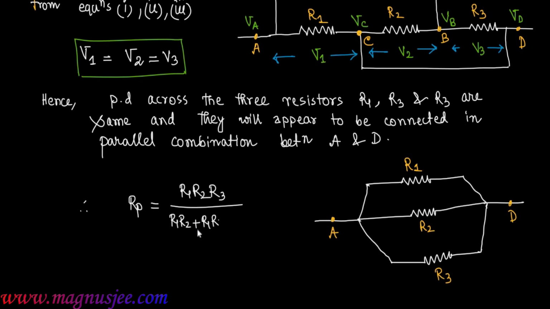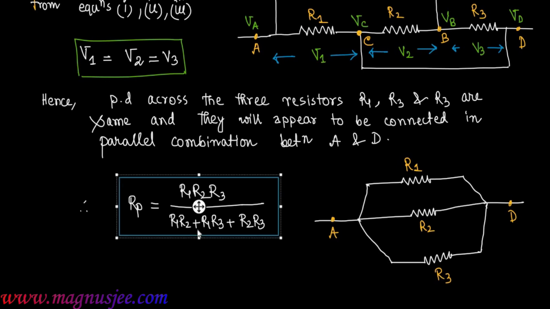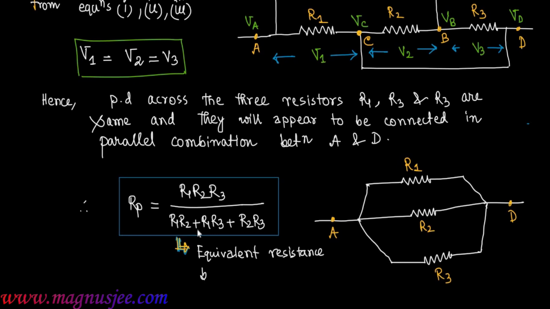Therefore, Rp equals R1 R2 R3 divided by (R1 R2 plus R1 R3 plus R2 R3), which is the equivalent resistance between the two points A and D.